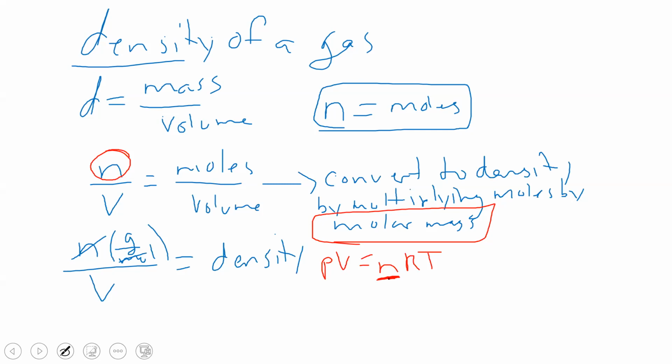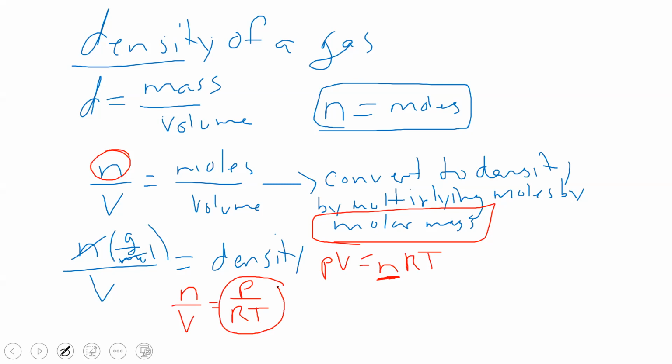And so one thing you can do here is, in order to find the density of a gas, you can calculate N over V by rearranging the ideal gas law to be P over RT, okay? And so you can figure out the density of a gas from this if you know the pressure and the temperature.